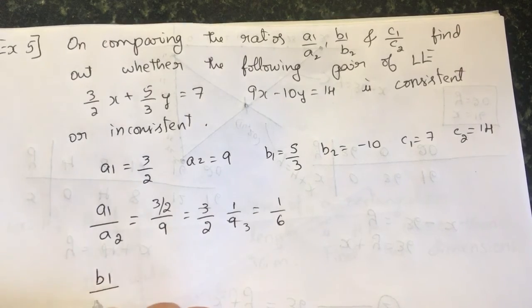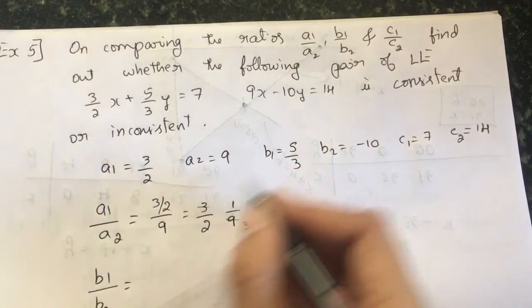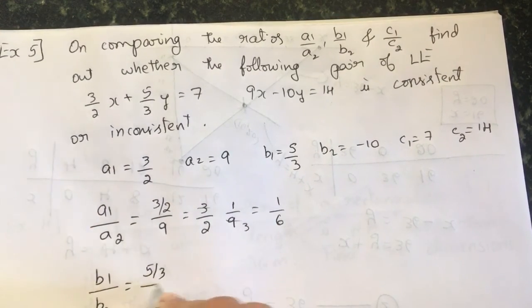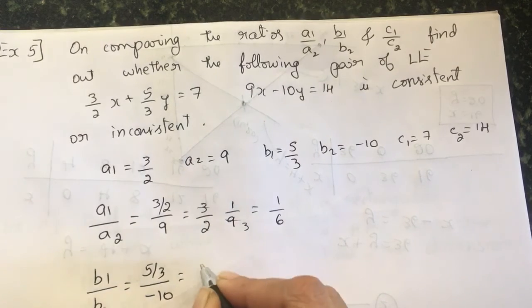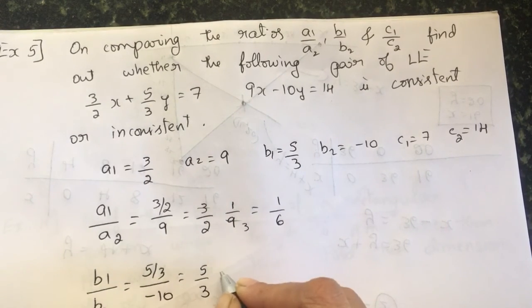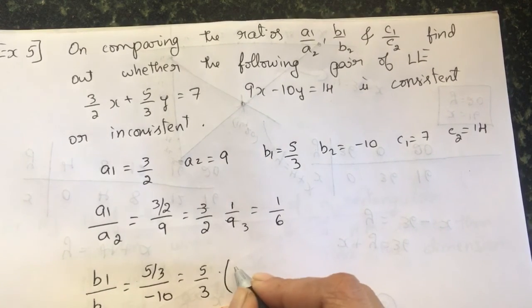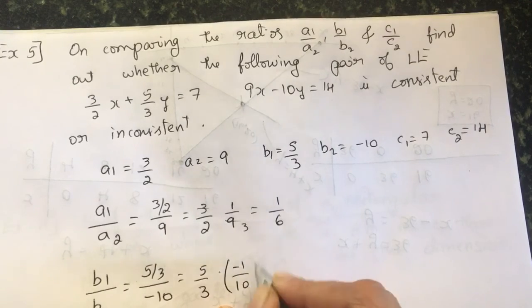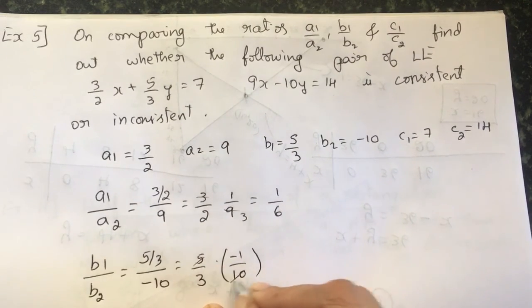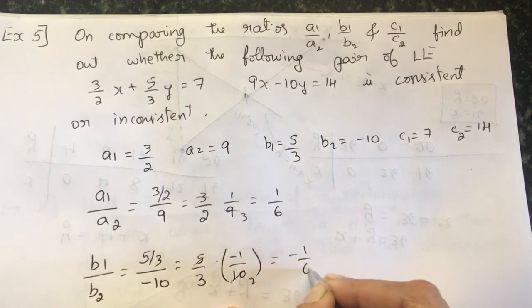Similarly, you write B1 by B2. B1 is 5 by 3 and B2 is minus 10. So 5 by 3 into minus 1 by 10, it's minus 1 by 6.